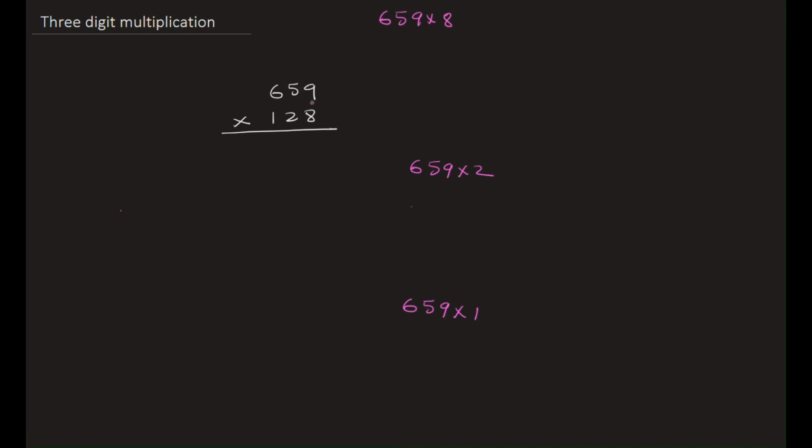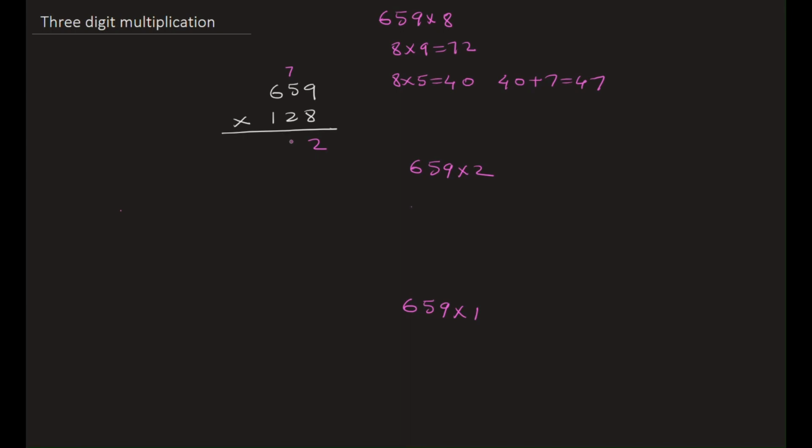So first I do 8 times 9. That is 8 times 9 equals 72. So it has tens and ones, but here in the ones I can write only one digit. So I write 2 and the 7 is carried over to the tens. Then I do 8 times 5, the next digit. 8 times 5 equals 40 and this carried over 7 I add to 40, which equals 47.